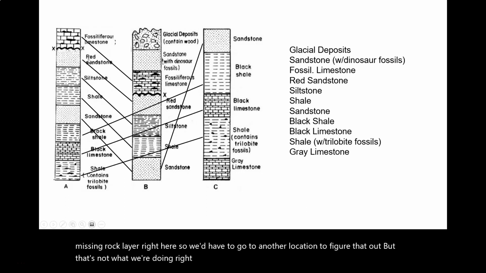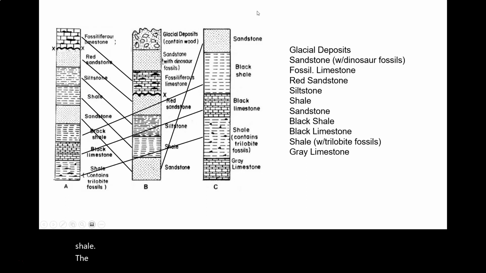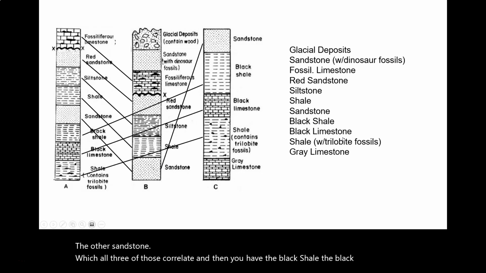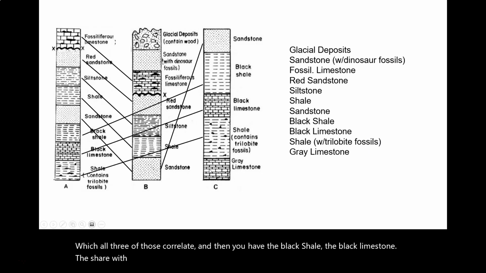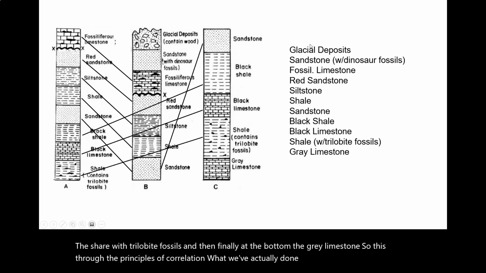Okay, then you have the red sandstone, the siltstone, the shale, the other sandstone, which all three of those correlate. And then you have the black shale, the black limestone, the shale with trilobite fossils, and then finally at the bottom, the gray limestone.